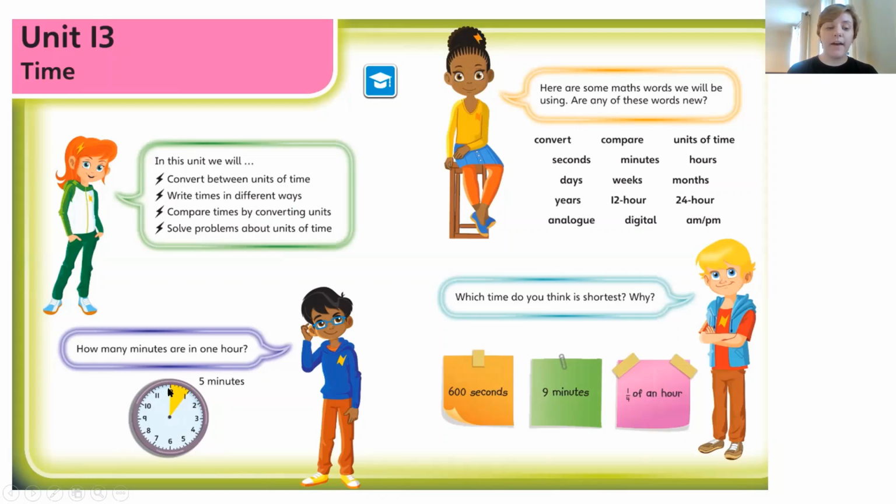So how many are there in 1 whole hour? Well, it says 5 here. I've got 5, 10, 15, 20, 25, 30, 35, 40, 45, 50, 55, 60. So for 1 full turn around the clock, 1 full hour, we have 60 minutes.